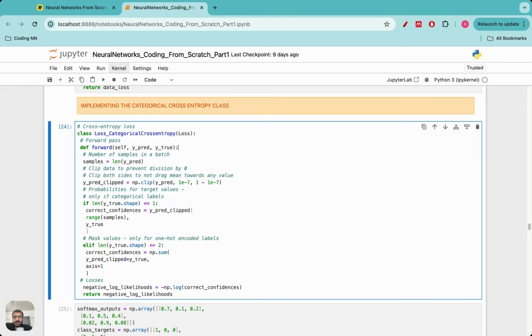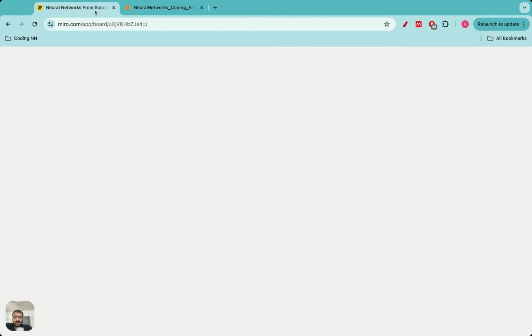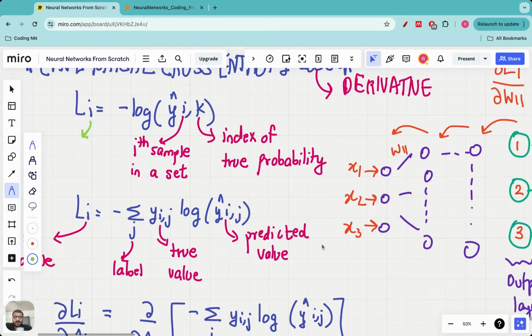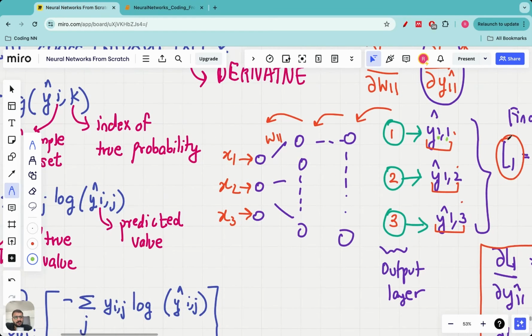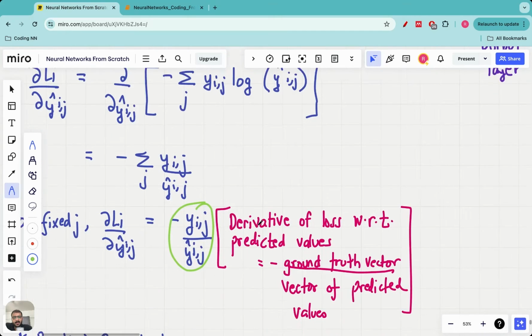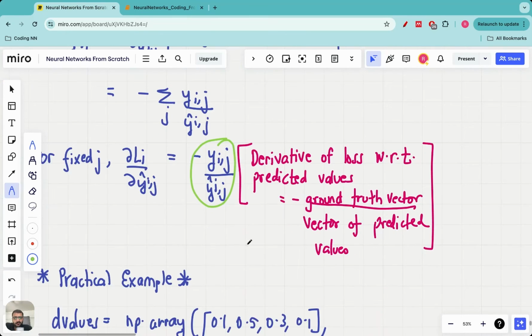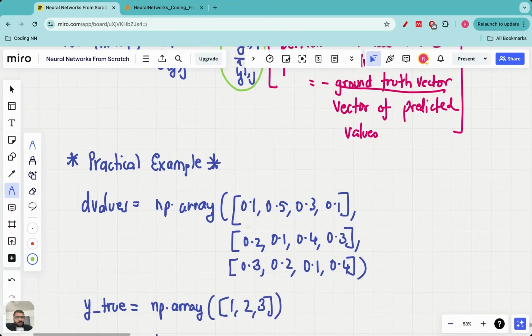But now we will also define a method called backward in this class, which will take the derivatives of the loss with respect to the outputs of the previous layer. I already showed you manually how to find these derivatives. It is just the negative of the ground truth vector divided by the vector of the predicted values. But now I want to show you how to represent it in code.